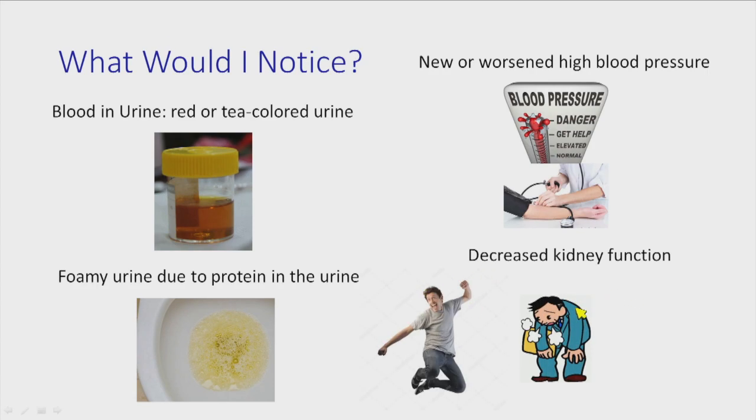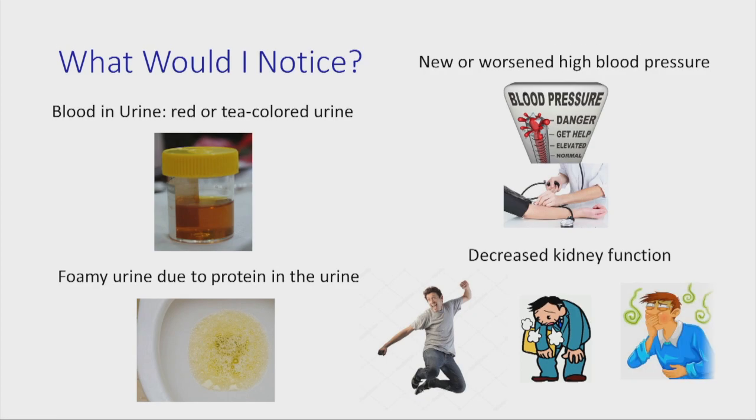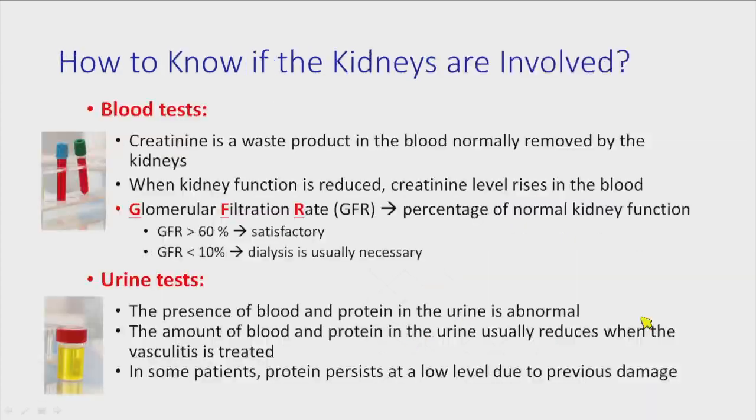If there is a moderate to severe kidney involvement, the symptoms of the patient can vary from feeling tired or fatigued to exhausted. And also, sometimes they have nausea, they can vomit when the toxic products in the blood really accumulate and they get higher levels.